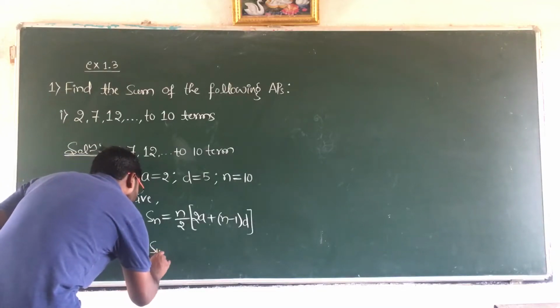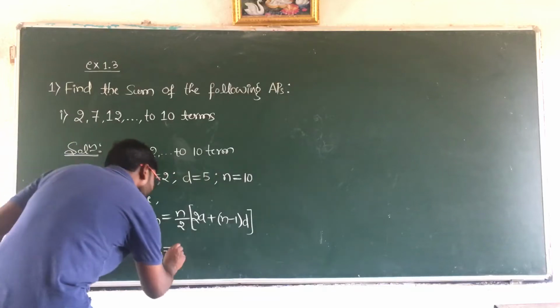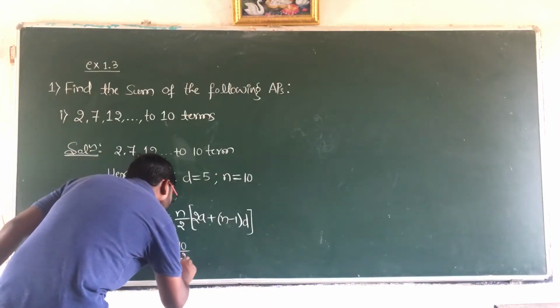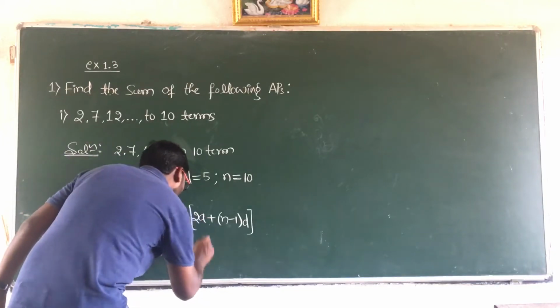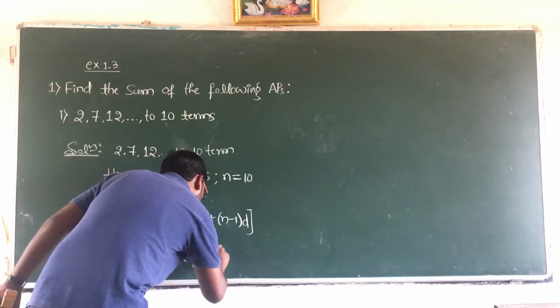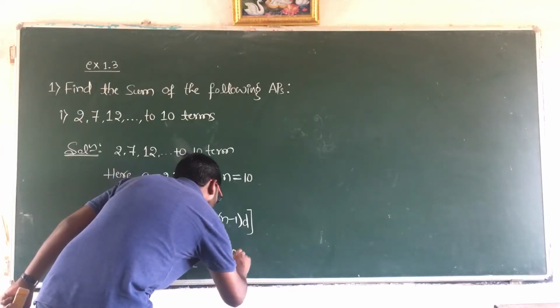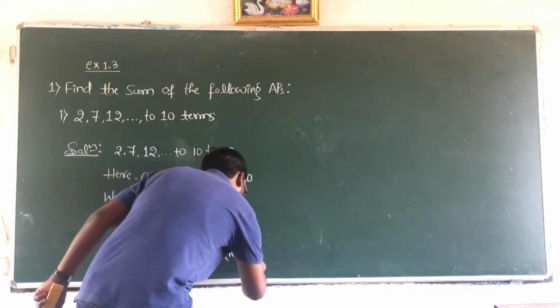S_10 is equal to n by 2, and n here is 10, so we get 10 by 2 into the bracket: 2 times a, which is 2, plus 10 minus 1 into d, which is 5.